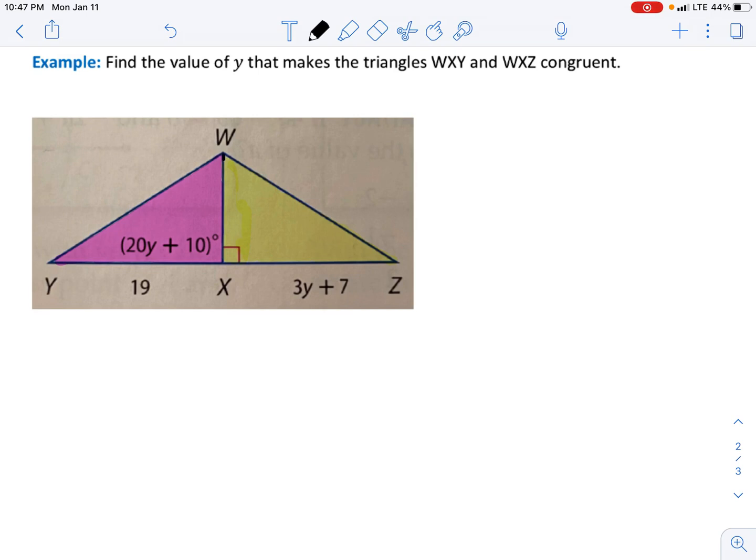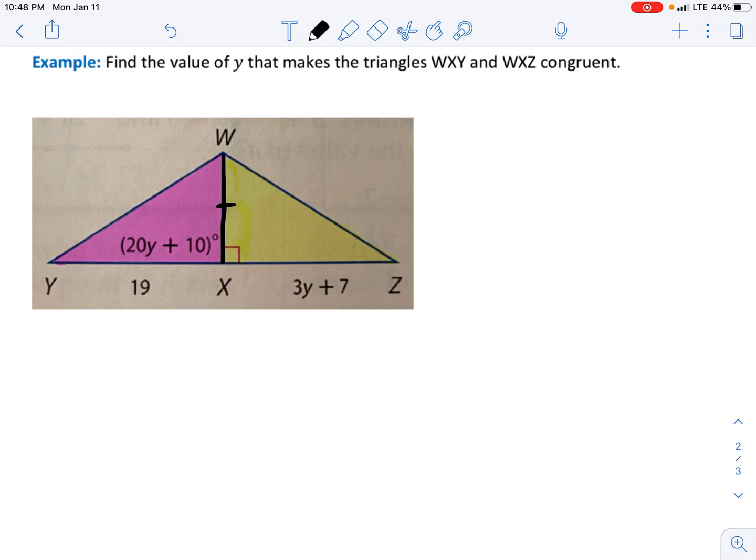This side going from point W to point X, they both have it, and so that means one side of my triangle in pink is congruent to one side of my triangle in yellow. We use this notation of a tick mark to denote that these two sides are congruent.